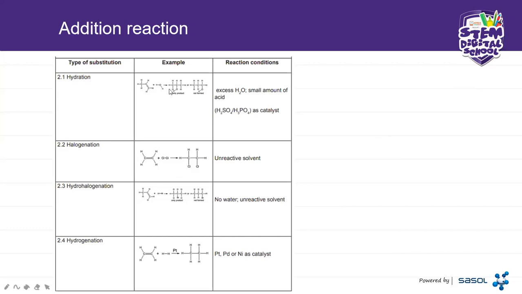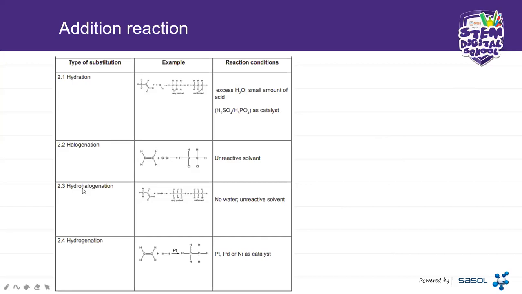So for hydration, you usually see a catalyst of H2SO4 or H3PO4. Then you know that it's a hydration reaction. But with halogenation, unreactive solvent, you'll know just by looking at the double bonds there and the halogen there that it's a halogenation.